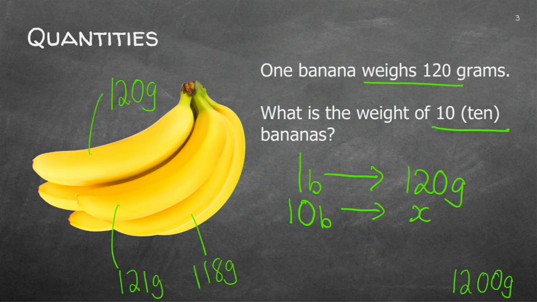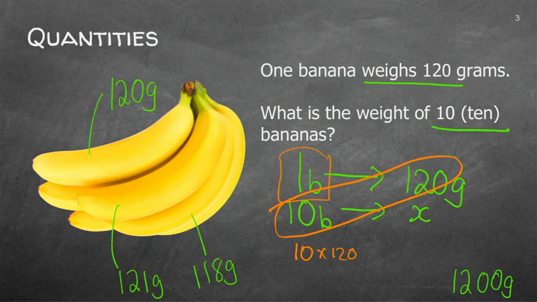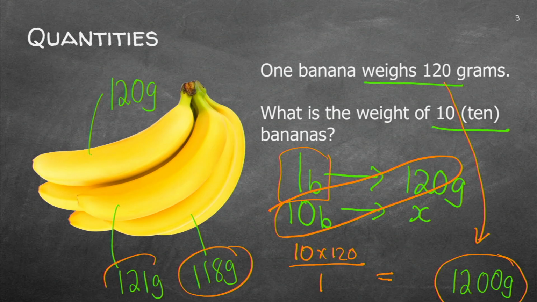If you've got your algebra right, you'll know I multiply the 10 with the 120, so it's 10 times 120, and I divide it by the 1, giving me the exact figure of 1,200 grams. And remember, on average, we now say it is 120 grams per banana, but they will be different masses.